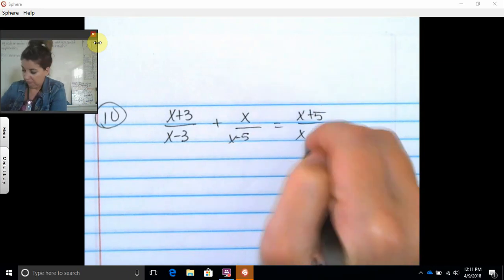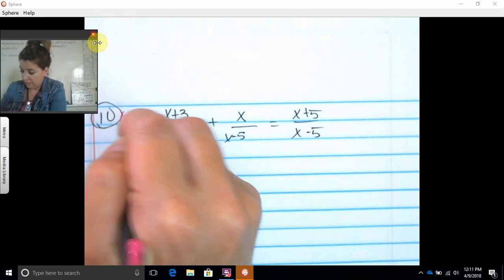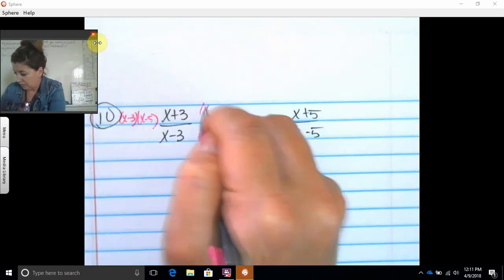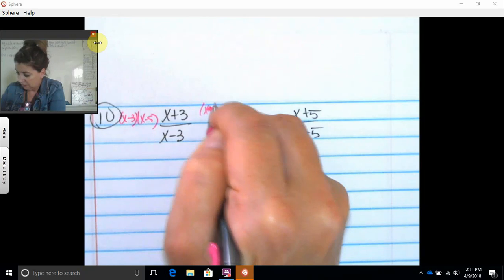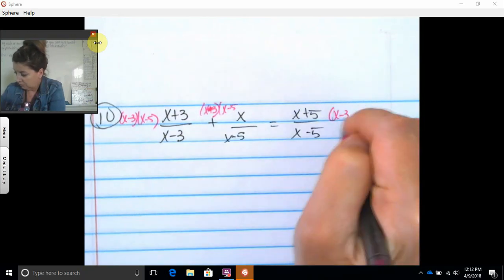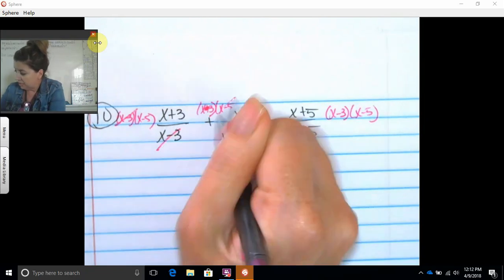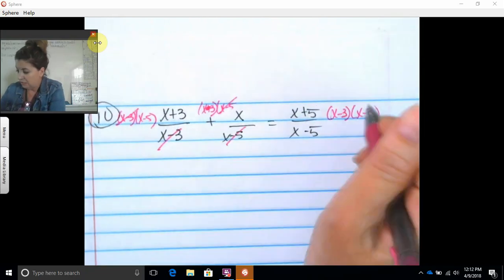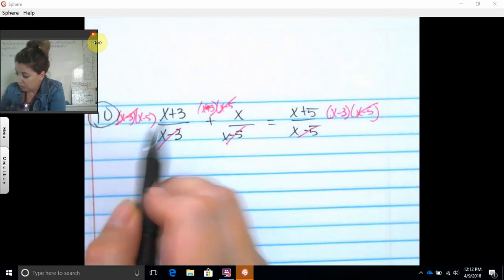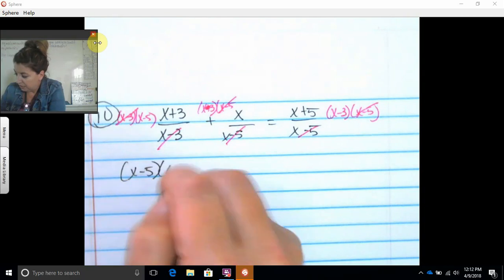What's my LCD? X minus 3 and x minus 5. See if I can squeeze it in up here. Oops, x minus 3. So x minus 3 cancels, x minus 5 cancels, x minus 5 cancels. Well, we might not get this one done. We're going to try. So I'm just going to rewrite this so I don't have a big jumbly mess.